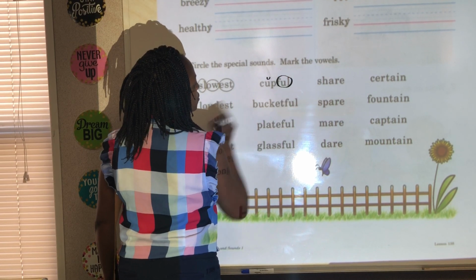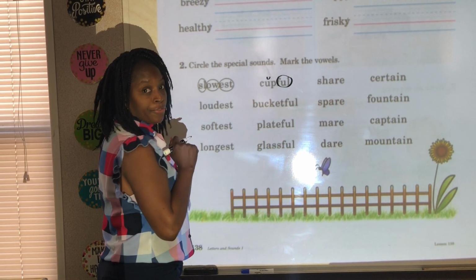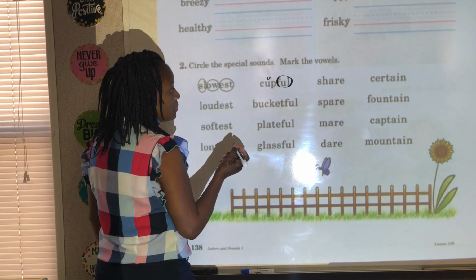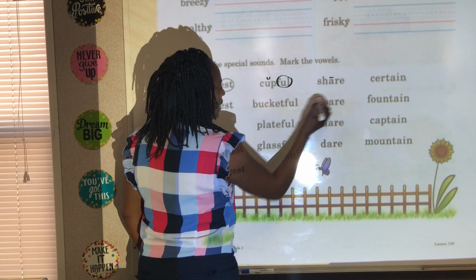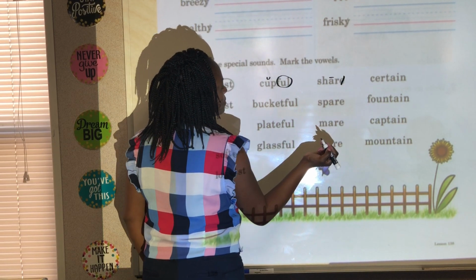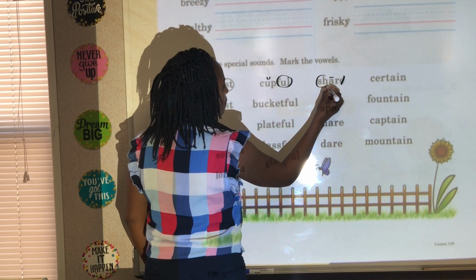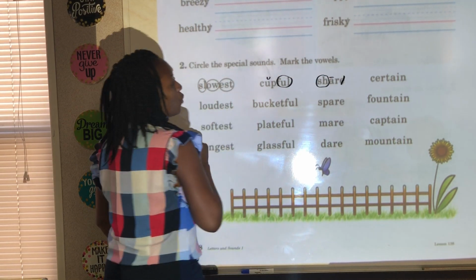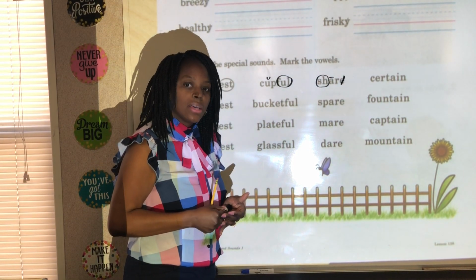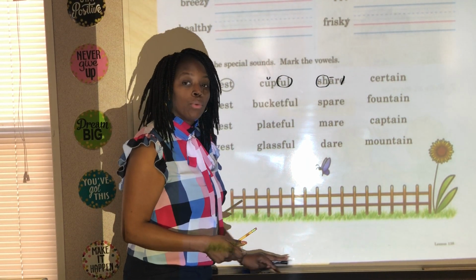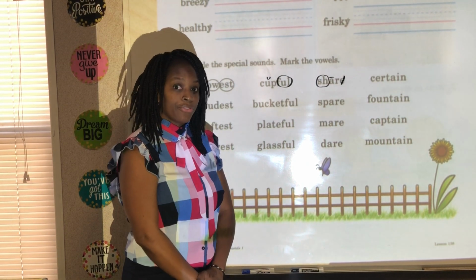And circle the special sound. If the vowel is long, you mark it with a straight stick, and the second vowel is silent. Okay? Remember, circle your special sounds first, and then mark the vowels if there's any vowels left.